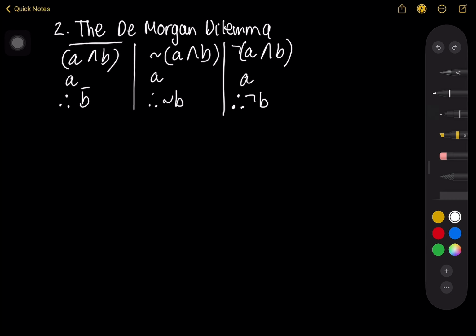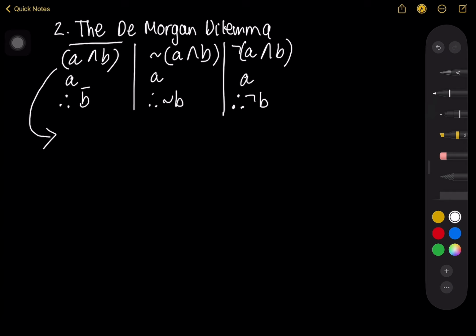Okay, so as always, we need to convert everything into an and or or only statement. We see that it already has an and over here. So now we're going to convert the De Morgan statement here.